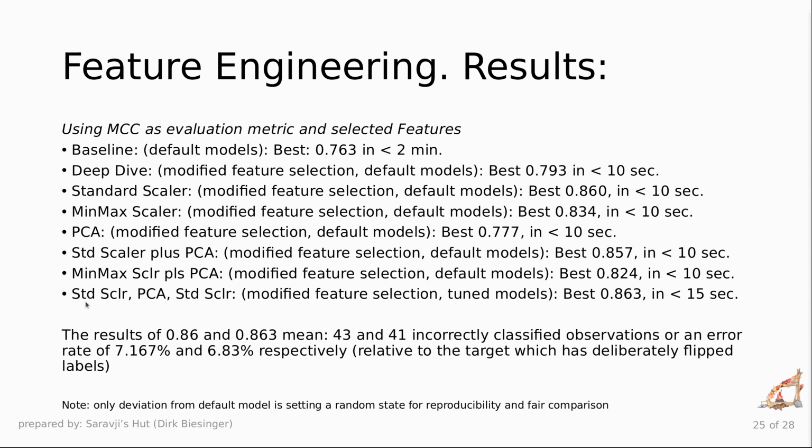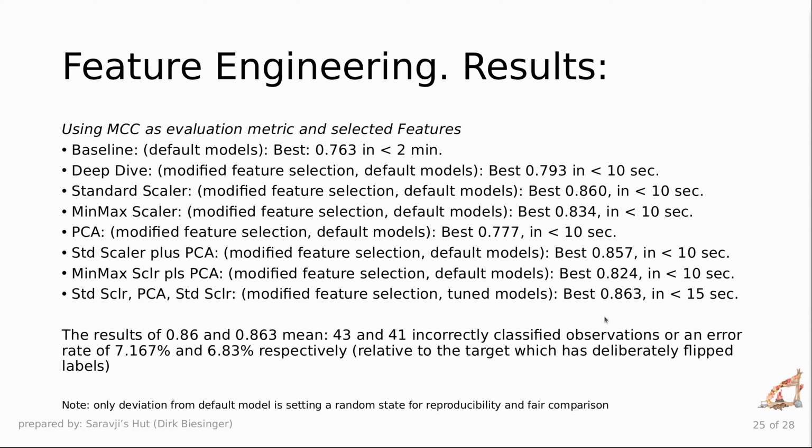And then the final approach was standard scaler, PCA, standard scaler on the modified feature selection, and then very carefully hand tuning the models. With that I was able to push the MCC to 0.863, so 0.003 better than just standard scaler.